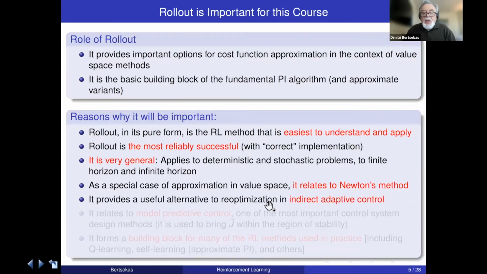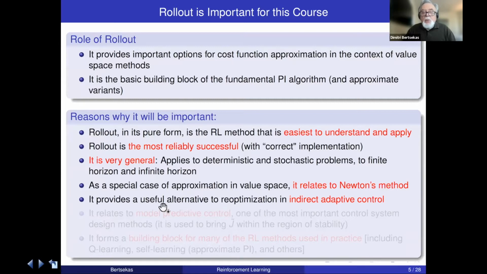Then there are some special domains, like adaptive control, where the system parameters change over time. As they change, we estimate them using some kind of system identification algorithm, for example. And then the method of indirect adaptive control takes the new parameters that you have estimated and reoptimizes the entire controller based on these new parameters.